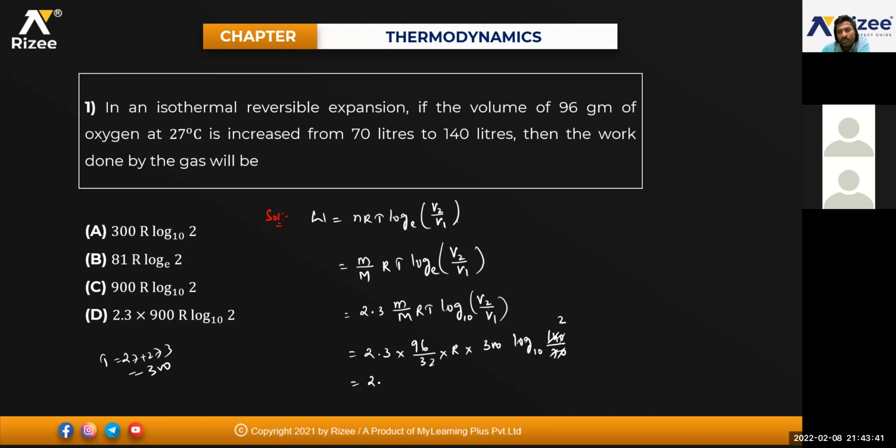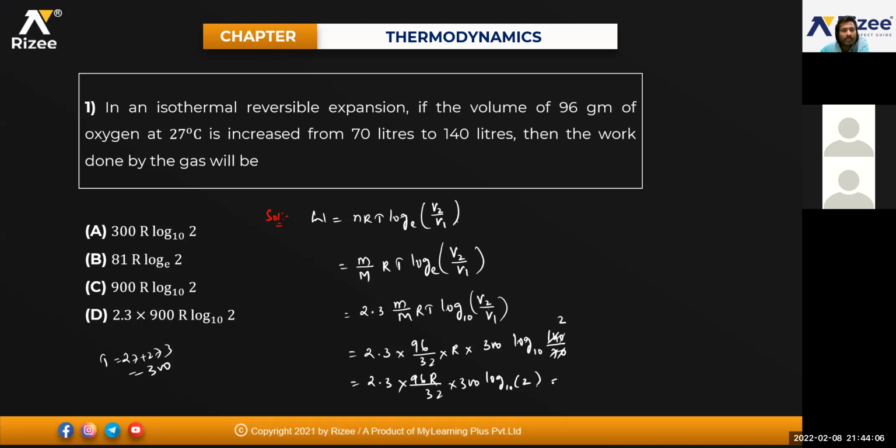So that will be equal to 2.3 into 96 into R divided by 32 into 300 into log to the base 10 of 2. So let's simplify and tell me what the answer will be.